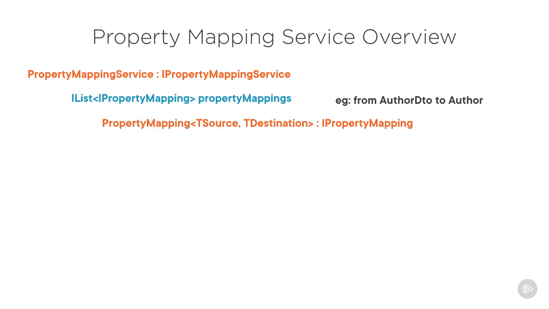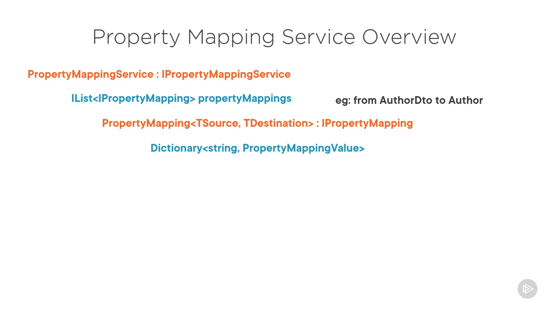One such property mapping from a source to destination then holds all the mappings, for example, the author DTO fields to the author entity fields. That's a dictionary. A simple one could be ID maps to ID. But as we know, that's not sufficient. One field on the resource might map to multiple fields on the entity, like name to first name and last name.